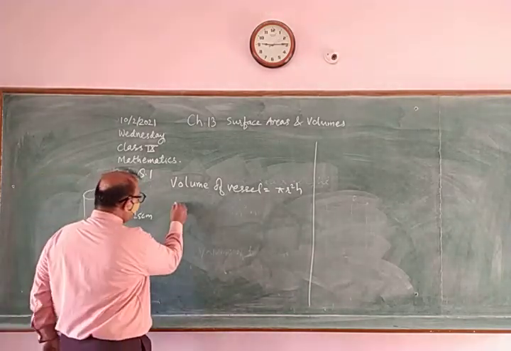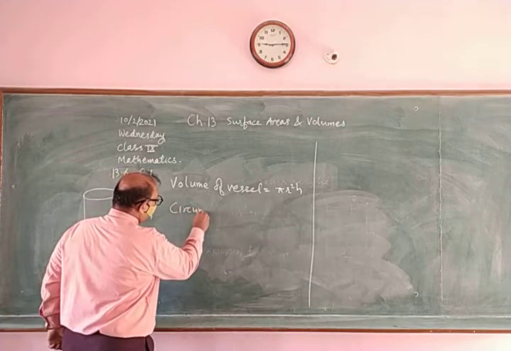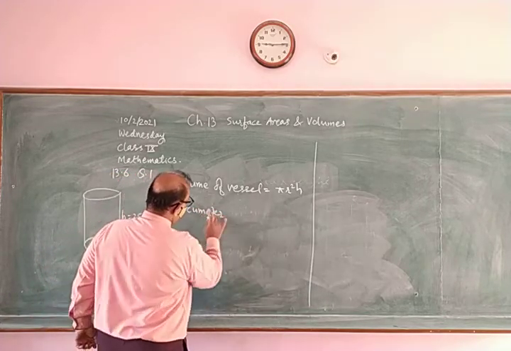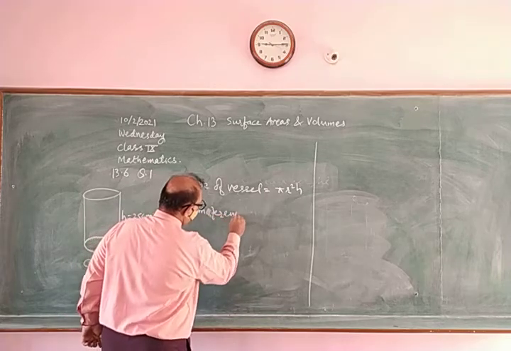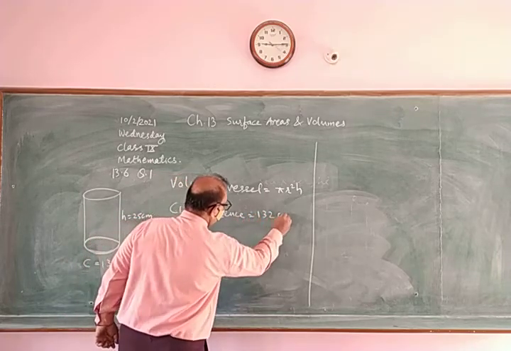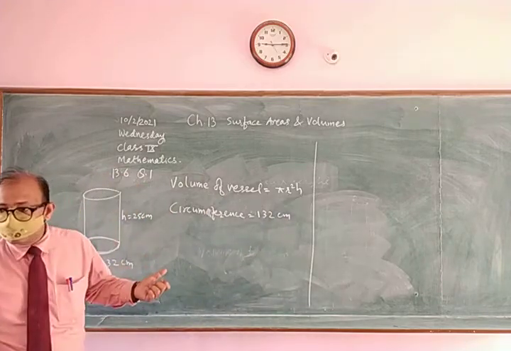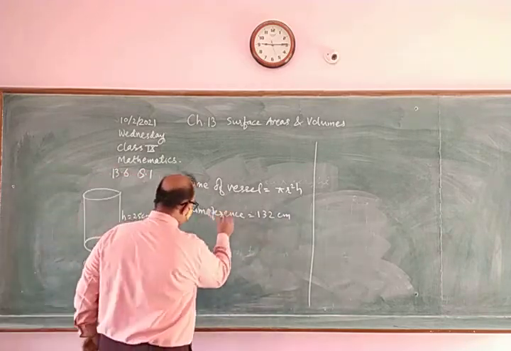Circumference is equal to 132 centimeter. Circumference means 2 pi r.